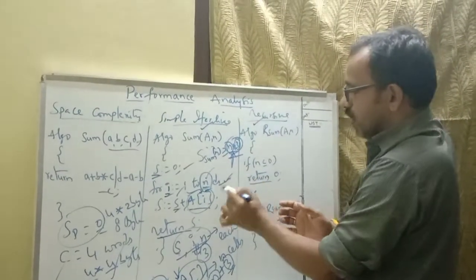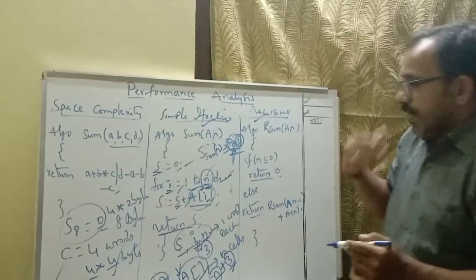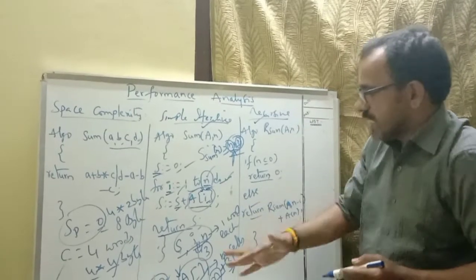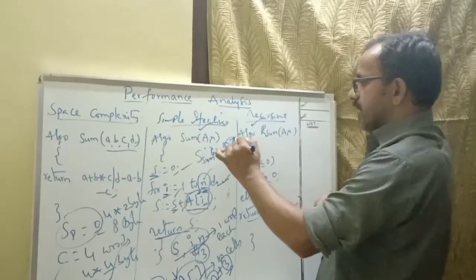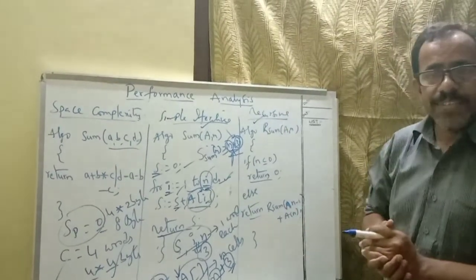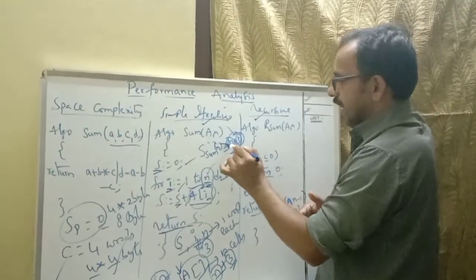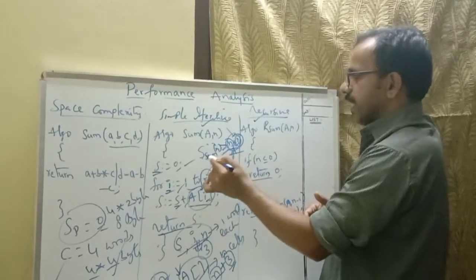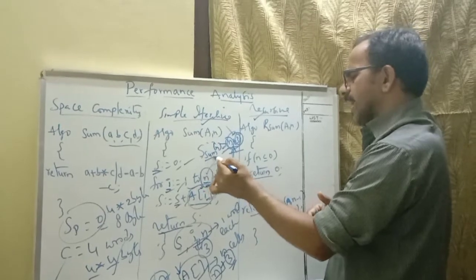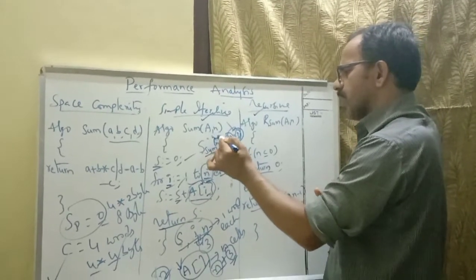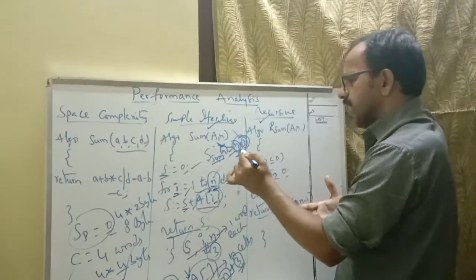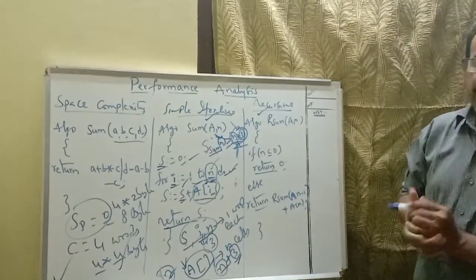Simplest means one for loop, one statement, and one array. But we cannot always expect that, so we are considering it as minimum space. That's why we can write the relationship as s sum of n: the space needed by any iterative procedure to sum n numbers or n elements is a minimum of n plus 3.